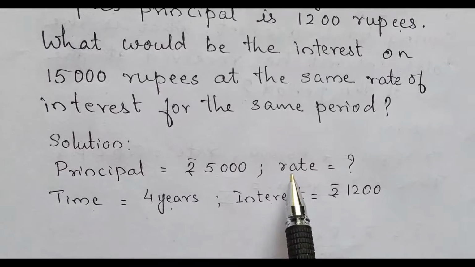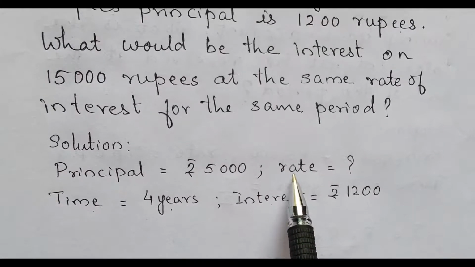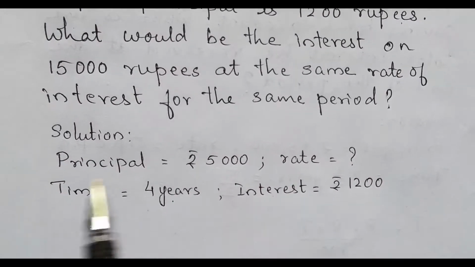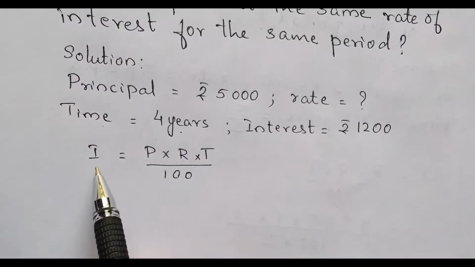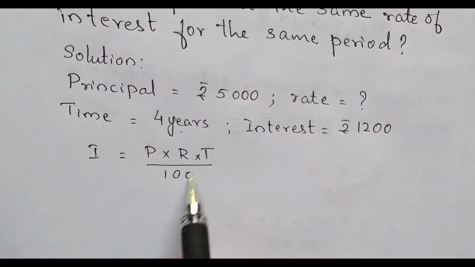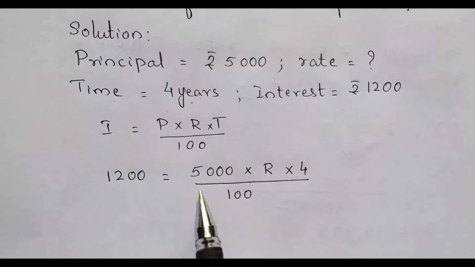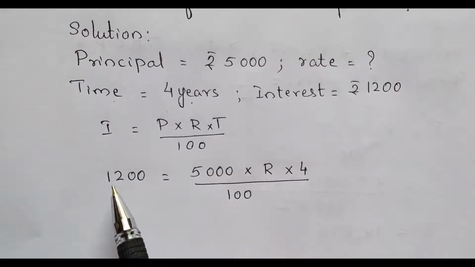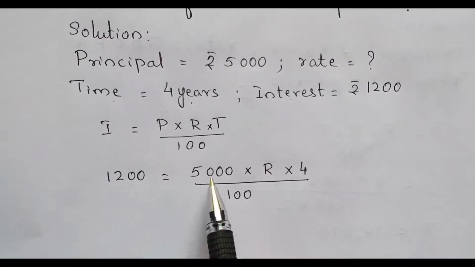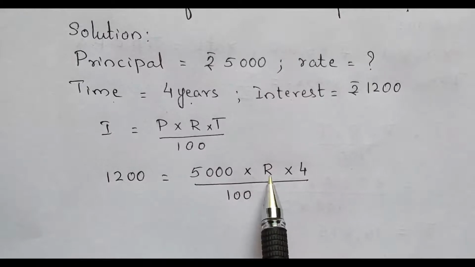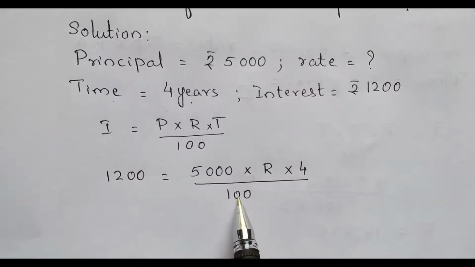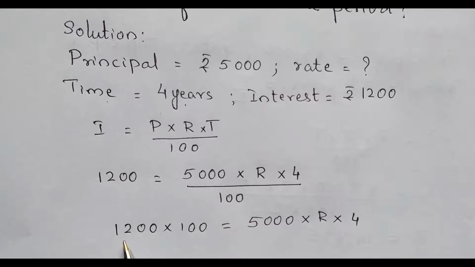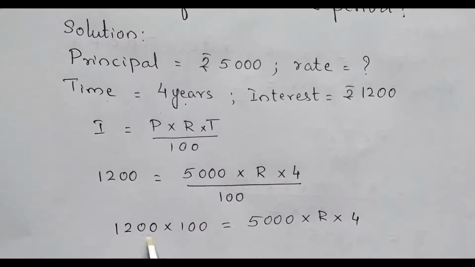So first let us calculate the rate of interest. The formula for simple interest is I is equal to PRT upon 100. Substituting the values, we have 1,200 is equal to 5,000 multiplied by R multiplied by 4 upon 100. Cross multiplying, we get 1,200 multiplied by 100 is equal to 5,000 multiplied by R multiplied by 4.